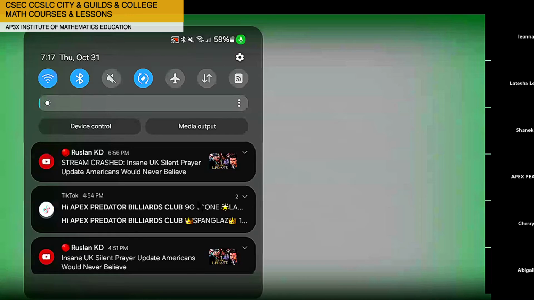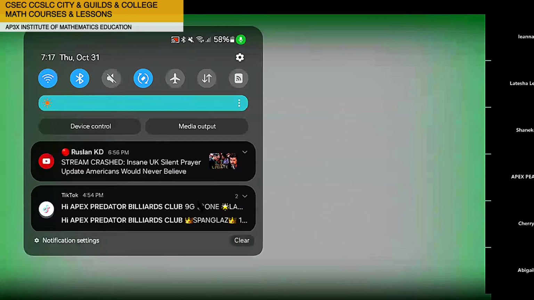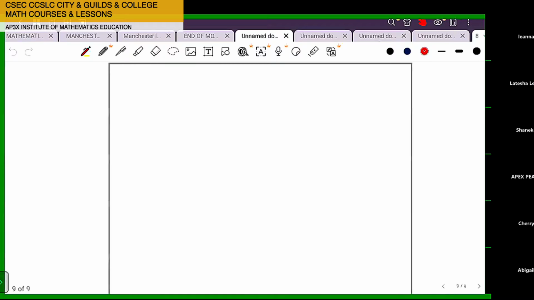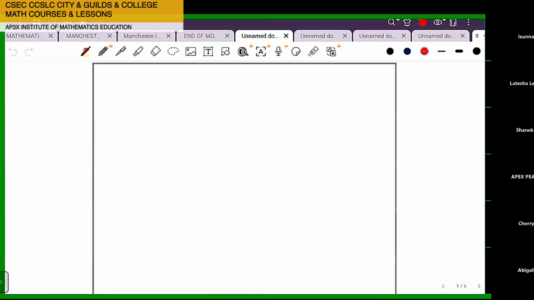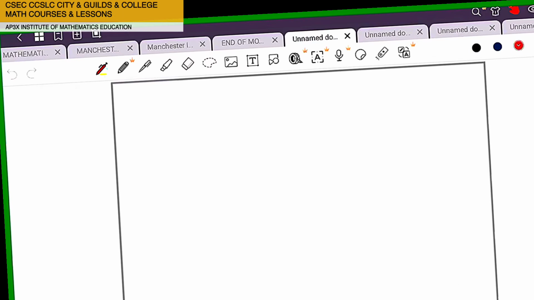All right, let's do a recap just to make certain that nobody is left in the dark. So we have a triangle. Let's do something like this, let's do this particular shape.